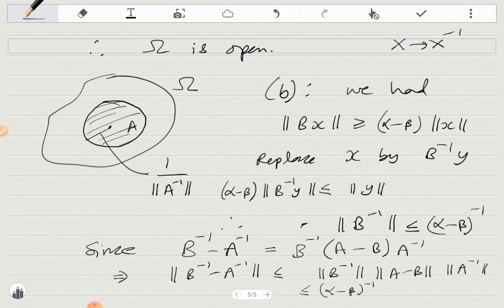And norm of A inverse is by definition 1 over alpha.